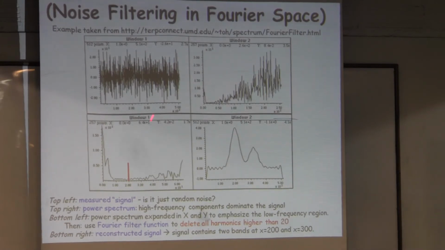Then we do a Fourier transform. In this case it's the power spectrum, essentially the square of the Fourier transform, but for simplicity let's just understand the basics. It tells us at what spatial frequencies there is the most power.